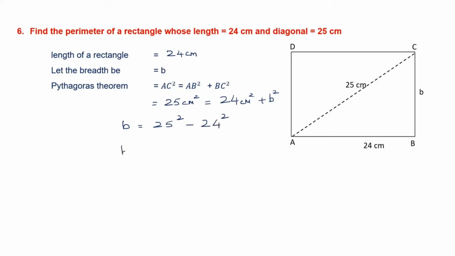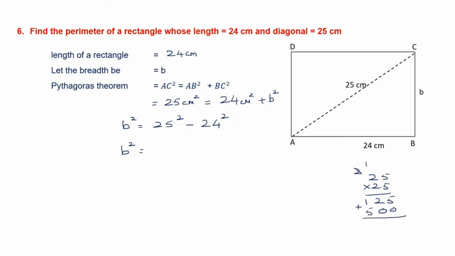So let's find the values of 25 square and 24 square. So this is B square. So 25 square means 25 into 25. So let's quickly multiply. 5 5s are 25, carry 2. 5 2s are 10, 11, 12. Second step, 2 5s are 10, carry 1. 2 2s are 4 plus 1, 5.